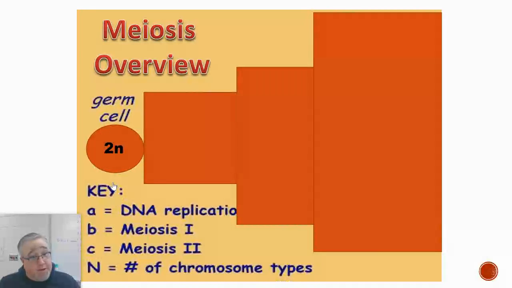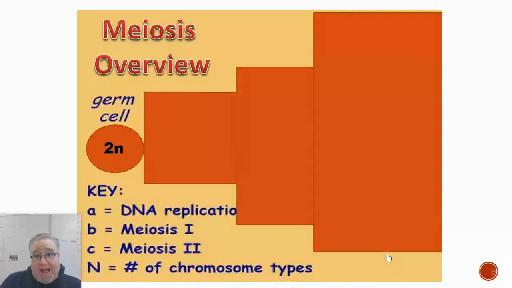Remember, diploid is 46, which is 2 times the haploid number. If you're a female, females have what we call germ cells in their ovaries. Males have germ cells in our testes. These are diploid cells, but these are the cells that are going to produce our sex cells, our gametes.